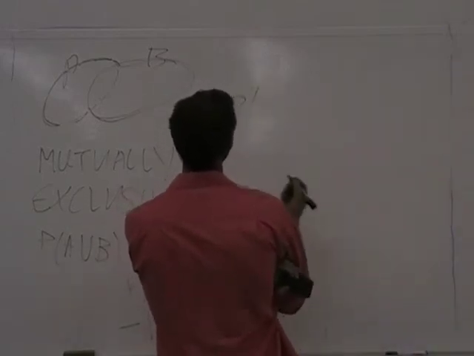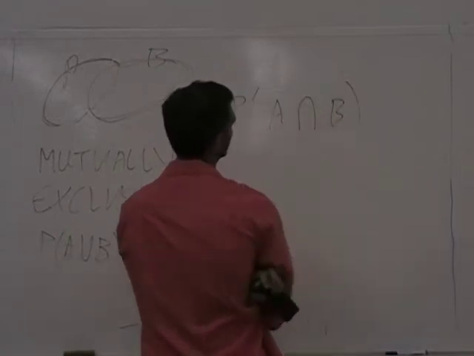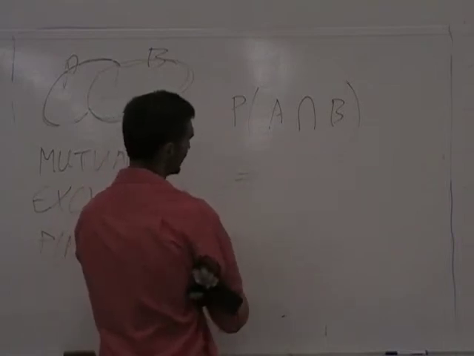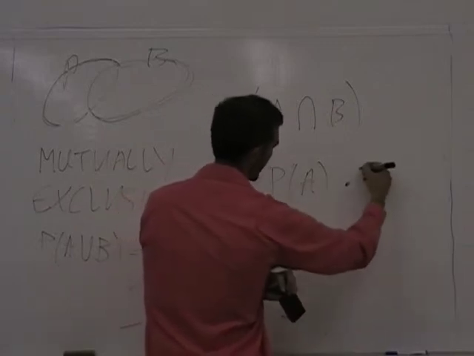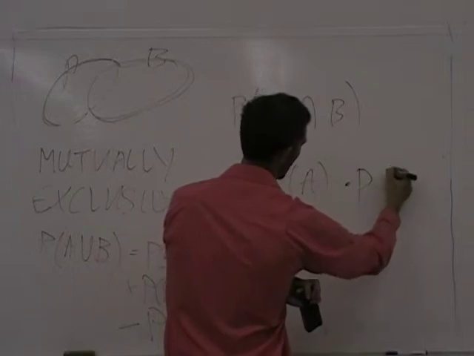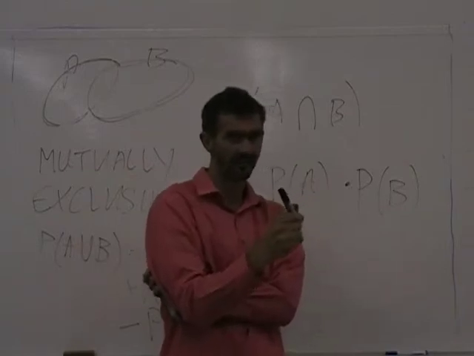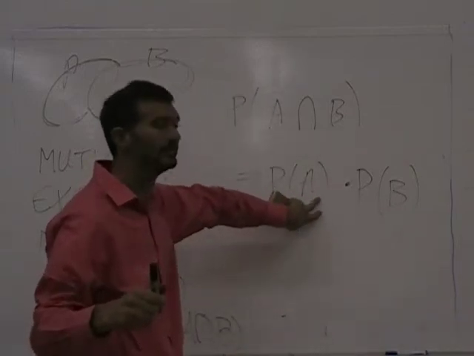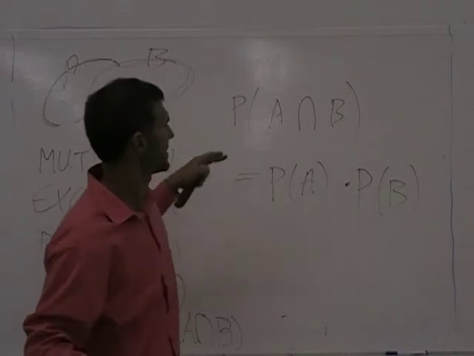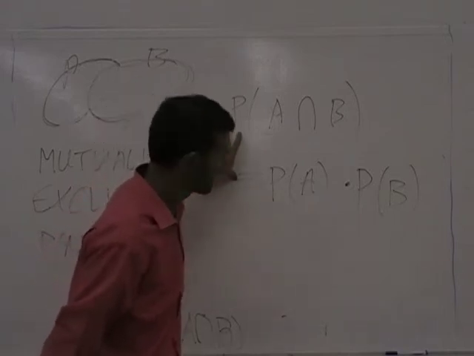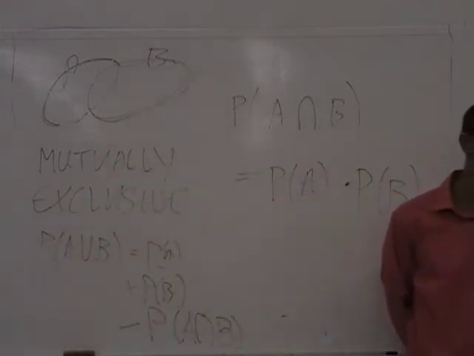Probability of A intersect B equals probability of A multiplied by the probability of B, meaning if and only if, by definition, this equals this, if and only if A and B are independent in probability.